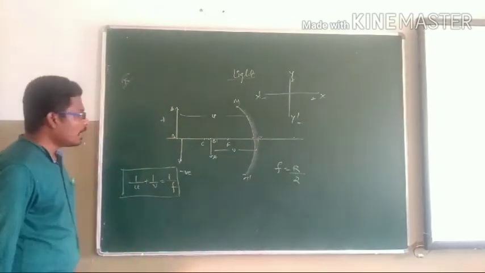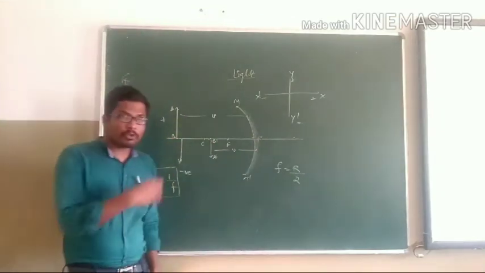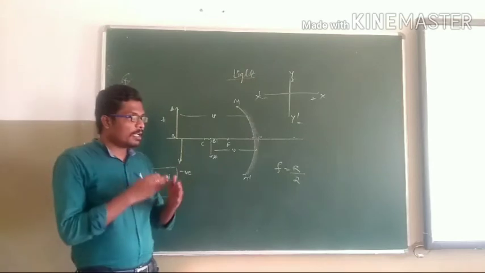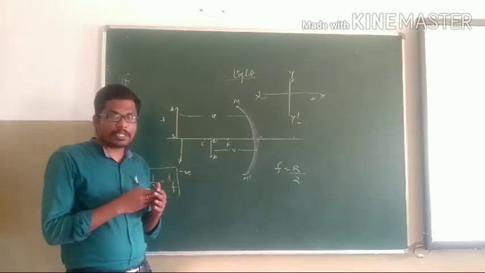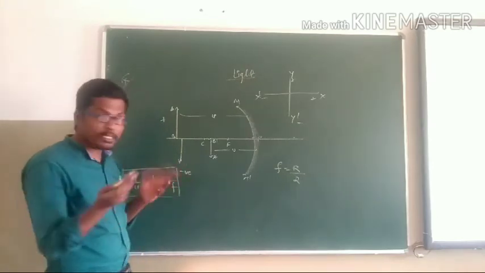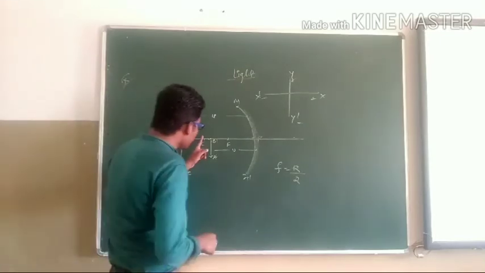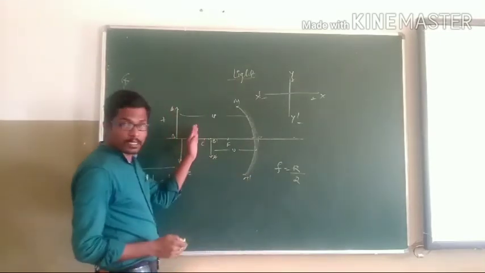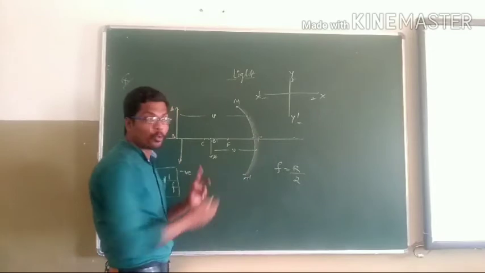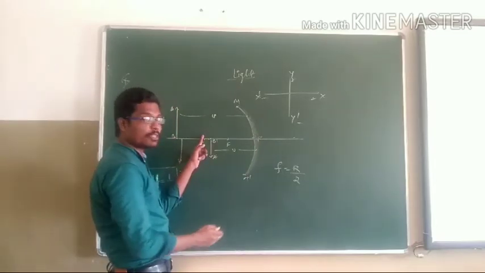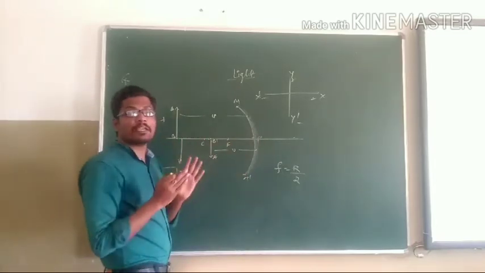Now suppose the question comes about the radius of curvature. What is the radius of curvature? The distance from the center of curvature to the pole is called the radius of curvature.